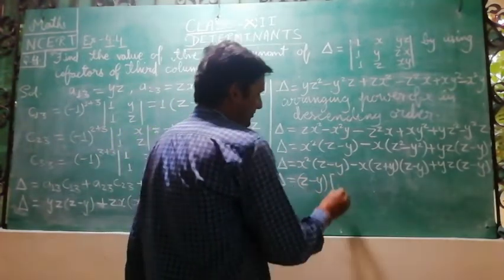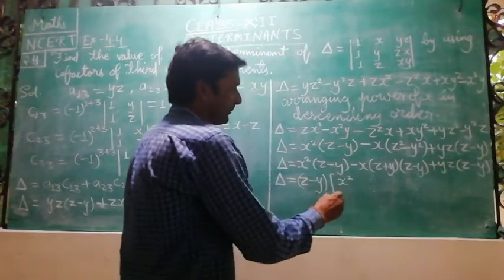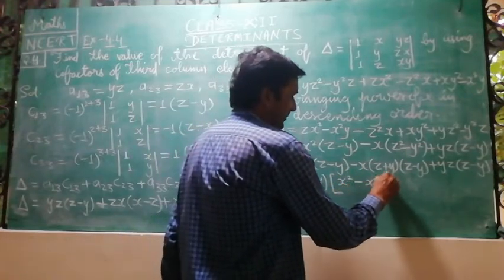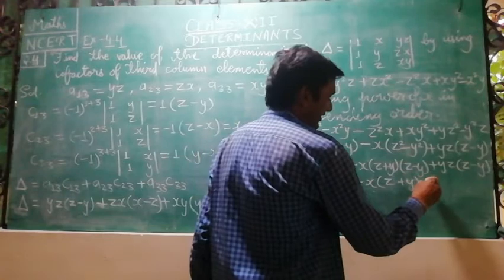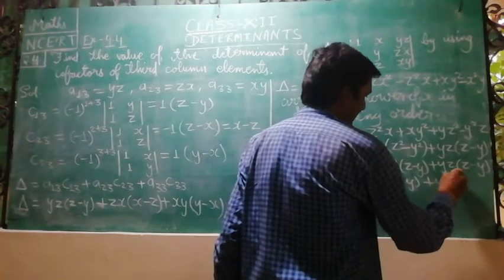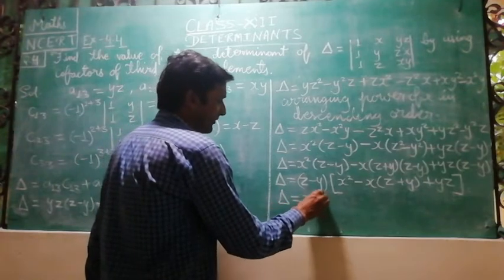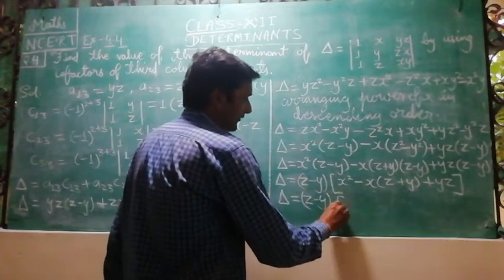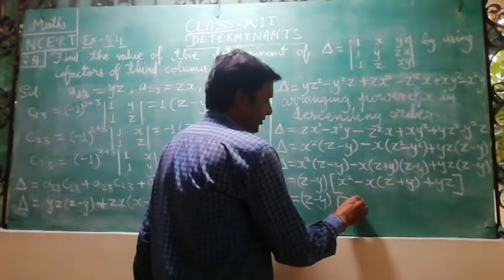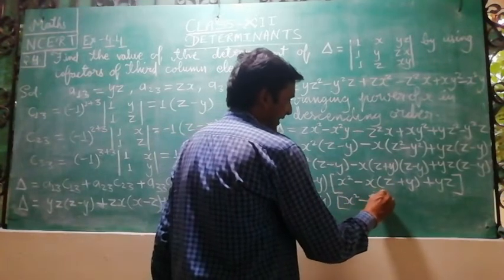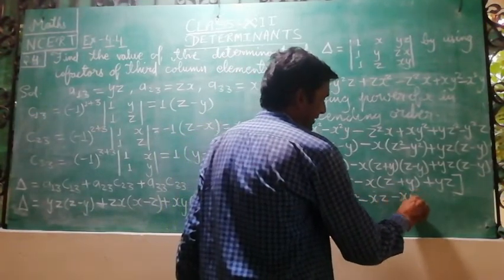The remaining terms are x square, minus x into z plus y, and the last term is plus yz, and then bracket closed. Now it will become z minus y, and then we can multiply x inside, so it will become x square minus xz minus xy plus yz.